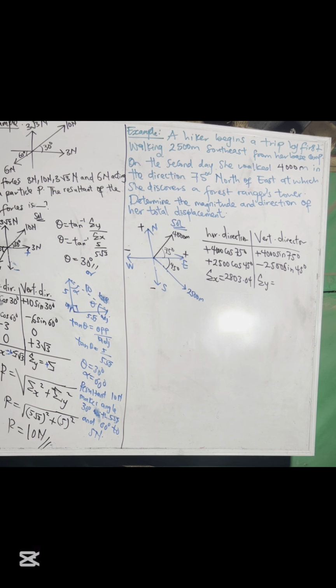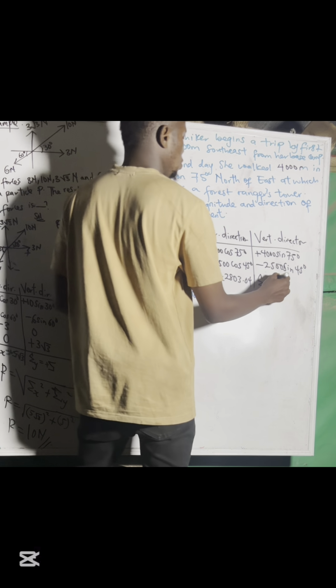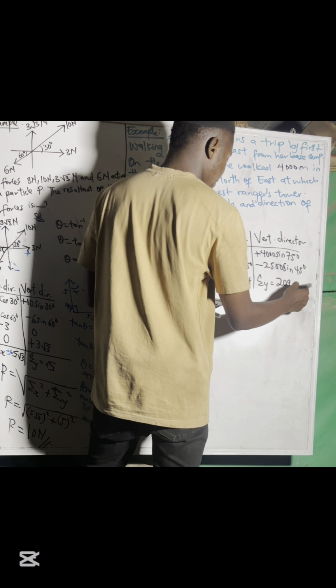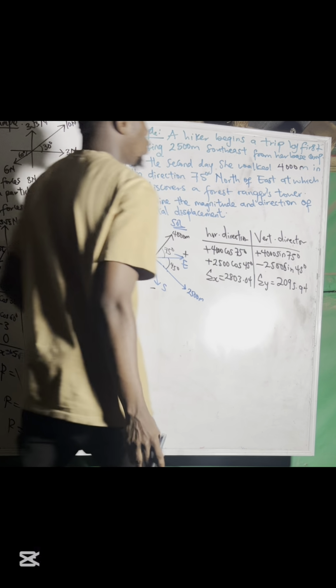We will also do the summation y, that is 4,000 sine 75 minus 2,500 sine 45. This is going to give us 2095.94. So that is that.